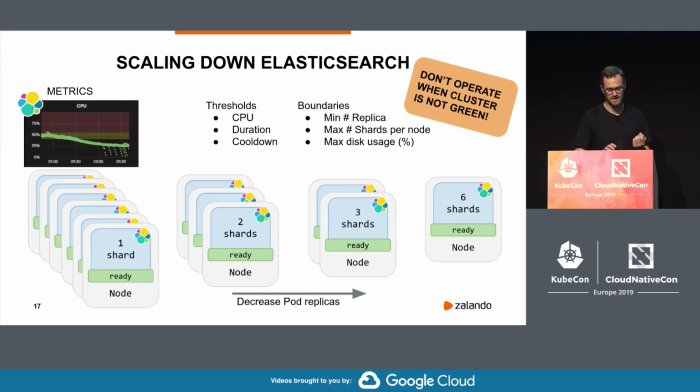Another thing is that if something goes wrong, and this is mostly when scaling down, and the cluster is not in green state, the operator backs off and doesn't do anything. It just waits for the cluster to be green. Either it can do it by itself, or if a human operator is needed, then it will not do anything until the cluster is green again.